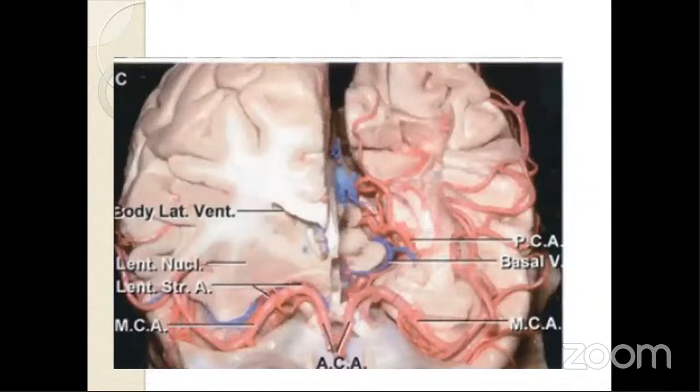In this image, the contralateral cerebral hemisphere is also removed. We can see the lentiform nucleus, and we can see both middle cerebral arteries symmetrically and lenticulostriate arteries arising from the middle cerebral artery.